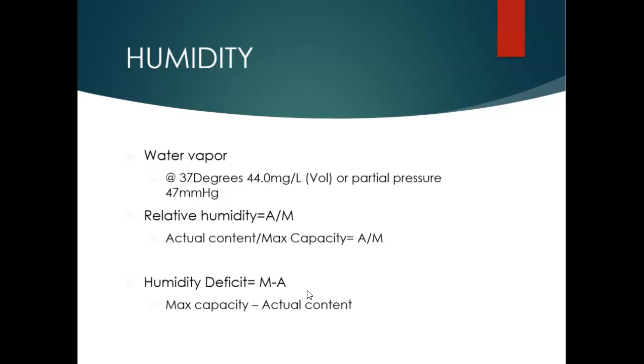And then relative humidity would mean if we were at 100%, then the actual content would be 44 and the max capacity would be 44, giving us 100%. Humidity deficit is when the actual content isn't going to equal our max capacity. Okay, not that big of a deal for you guys to remember for diffusion, but just a refresher about humidification from Therapeutics 1.